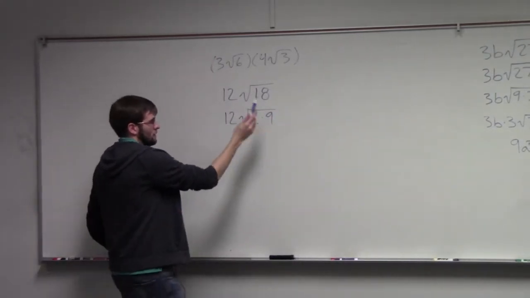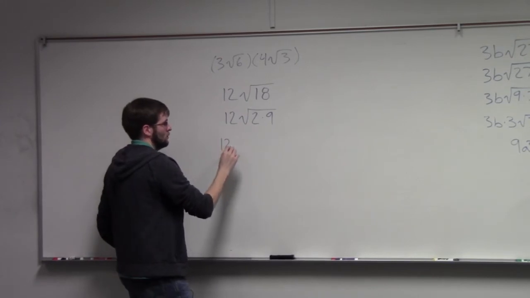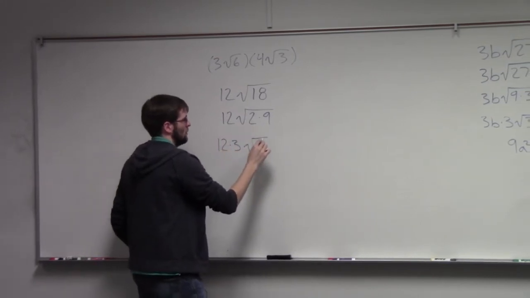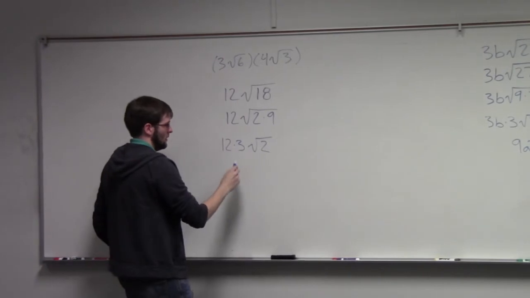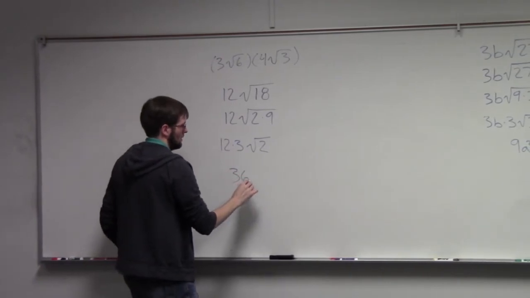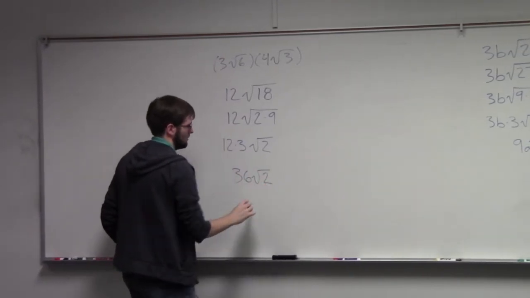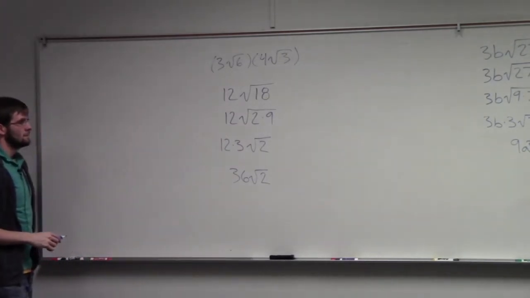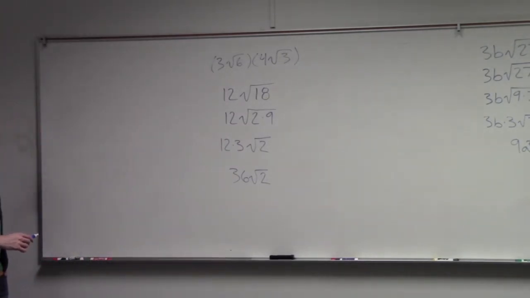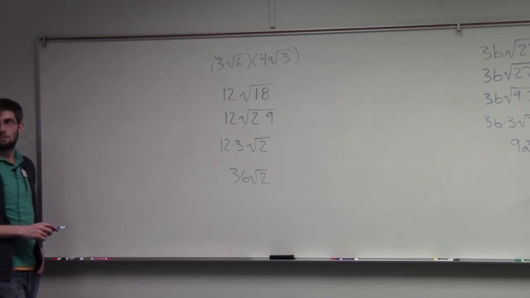The square root of 9 is 3. So I have 12 times 3, square root of 2. And 12 times 3 gives me 36. All right, everyone okay with that?